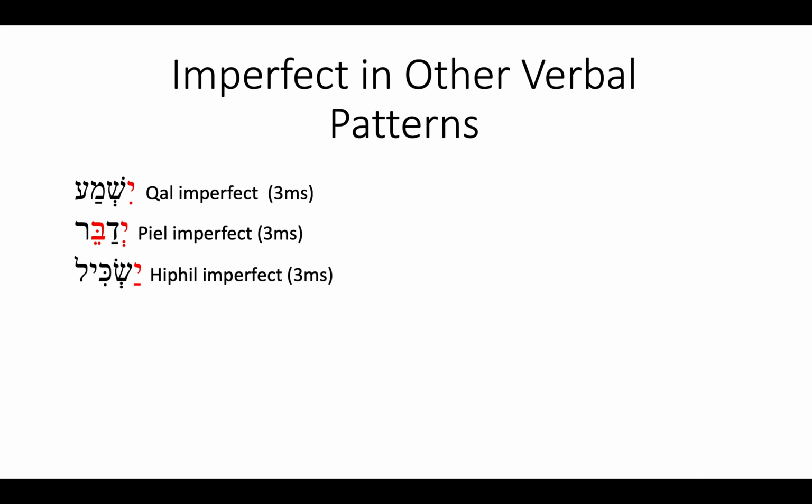So in yedaber, we have once again this dagesh in the middle root letter, so that's helpful for us. And in the hifil, we have a yod separating the second and third root letters in the imperfect. If you look over your chart, you'll see that, unlike the perfect where it sort of comes and goes, it's very, very regular in the hifil. So that's a big clue of hifilality, I guess.